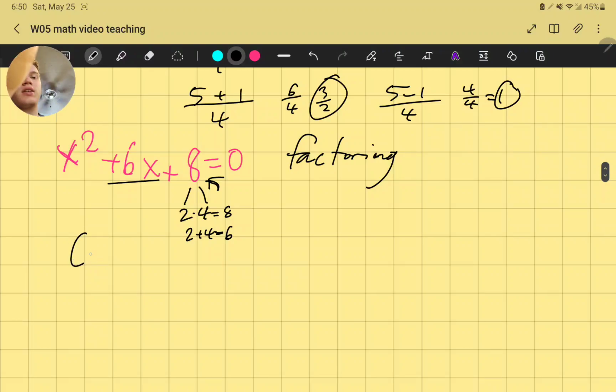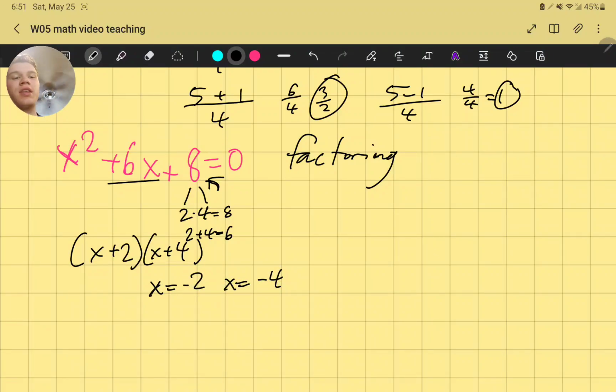And then we'll take that and split it into the factors. And then our values are going to be x equals -2 and x equals -4.